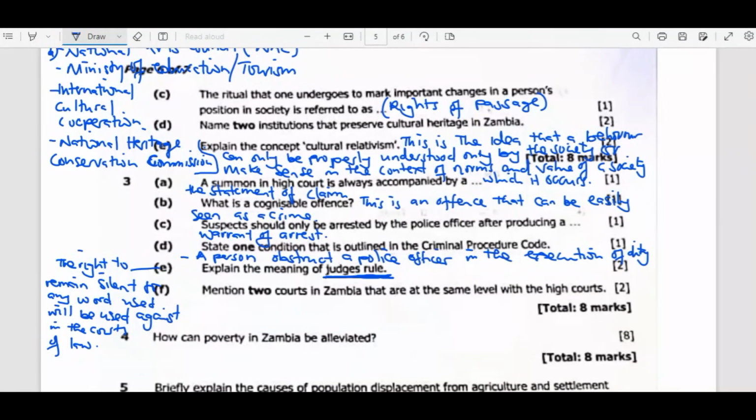Okay, so that is the meaning of judge's rule. And then let us move to F.